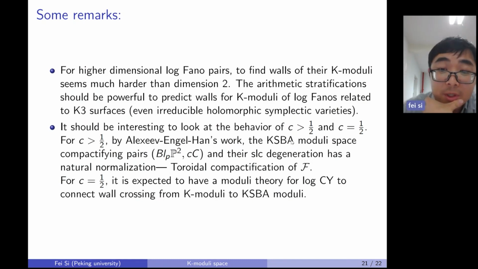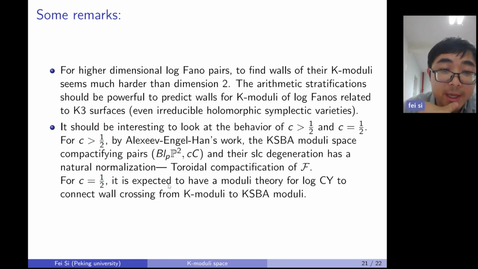This KSBA moduli space has a natural normalization. This normalization has an arithmetic compactification. This is the so-called Baily-Borel compactification for locally symmetric varieties. For C equal to 1/2, that is the log Calabi-Yau case.